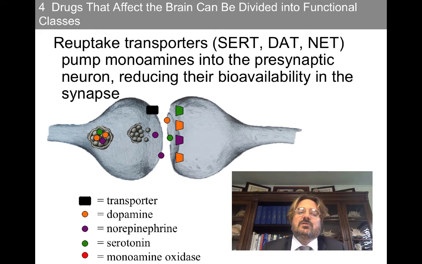But the different reuptake transporters that are affected by the tricyclic medication are SERT, DAT, NET. Those are serotonin reuptake transporter, dopamine transporter, and norepinephrine reuptake transporter. But they all pump these monoamines into the presynaptic neuron, and they reduce their bioavailability in the synapse.